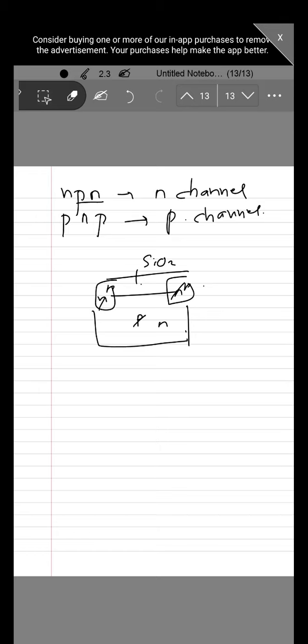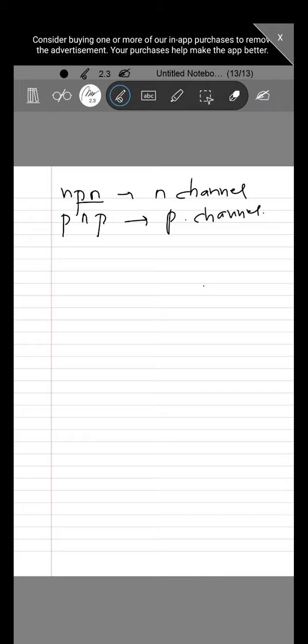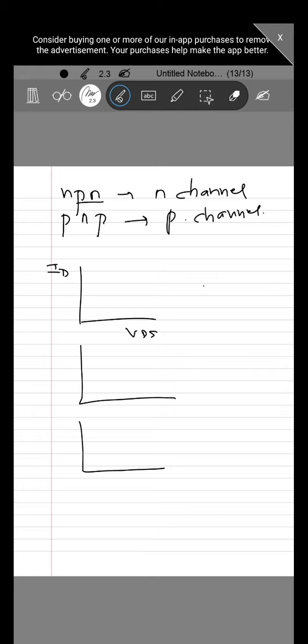So if you look into the drain current and drain to source voltage characteristics of a Mosfet, so plot ID versus VDS. We'll write for 4 cases.